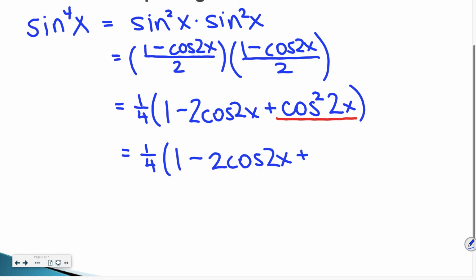The power reducing formula for cosine squared is 1 plus cosine of 2u. If we're applying the formula to this, if we're going from u to 2u, what does our angle become inside of this? 4x. We have to double it.